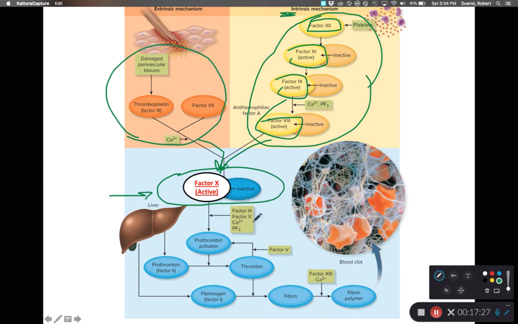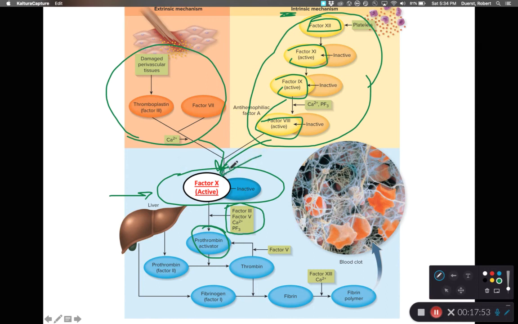As we look at factor 10, it is going to involve many different things interacting with each other. Factor 3, factor 5, calcium ions, and phospholipids, PF3, are all going to interact with each other to form the prothrombin activator.